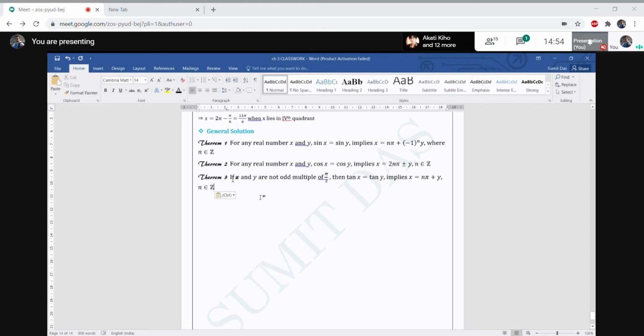Similarly, for theorem 2, for any real number, cos x equal to cos y implies x equal to 2n pi plus minus y, where n belongs to Z. Similarly, here one condition is given: if x and y are not odd multiples of pi by 2, then tan x equal to tan y will imply x equal to n pi plus y.